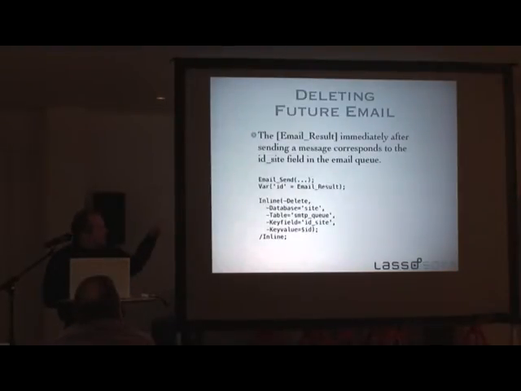The ID given back by email result is actually in an ID site column in the SMTP queue, which is not the most ideal name for that ID, but it's an extra field, so we went and used it for that purpose.